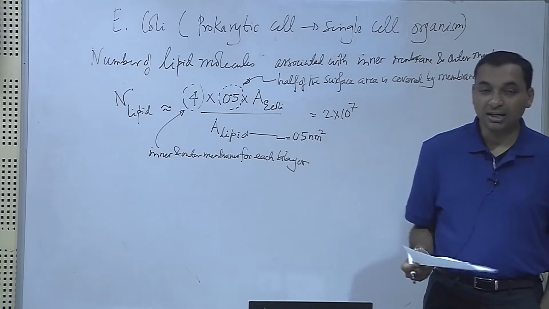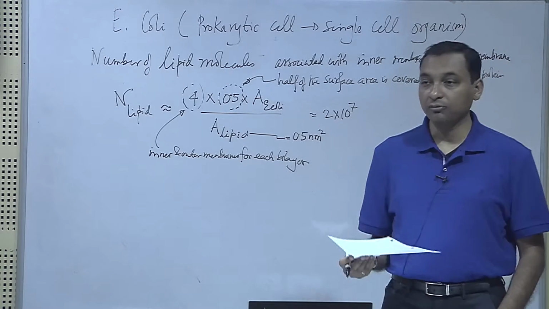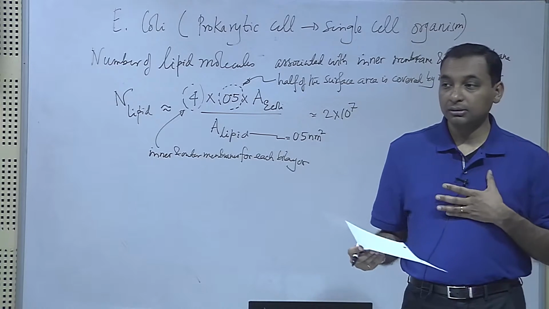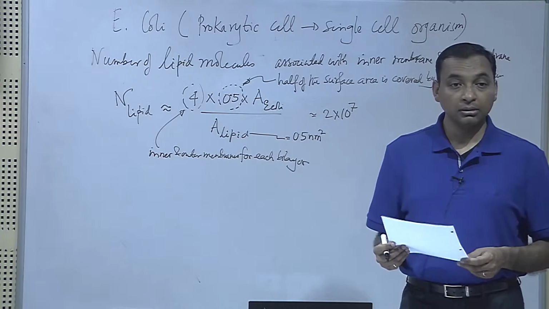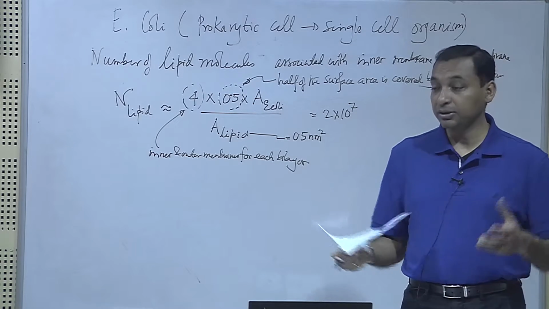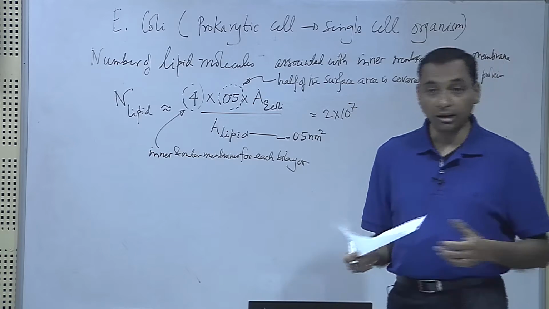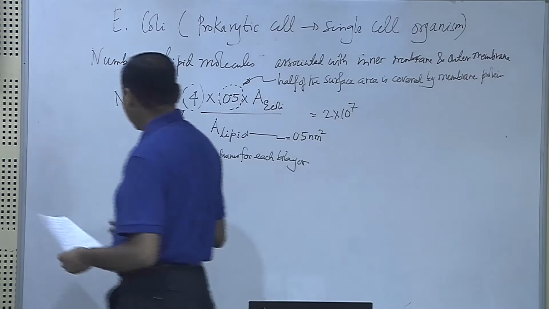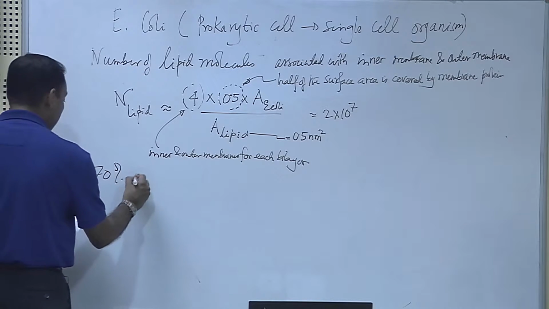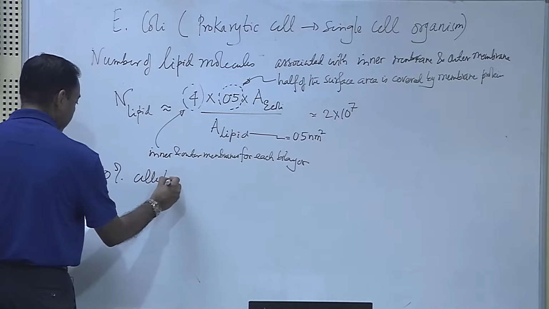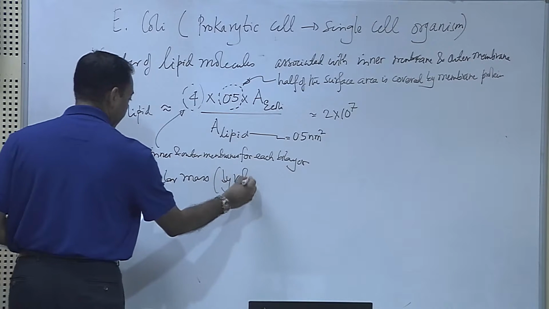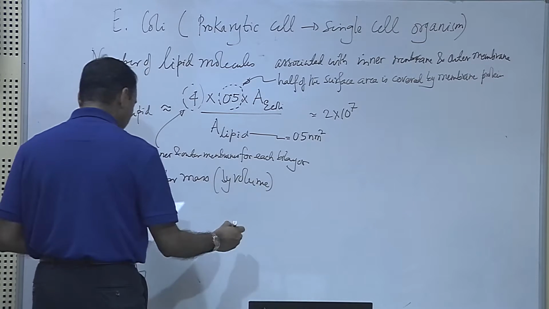So what is in a cell like E. coli? What is the major constituent of a cell? A cell contains what? It's a fluid, right? So it will have water as the main component, roughly 70% of your cellular mass by volume is water.